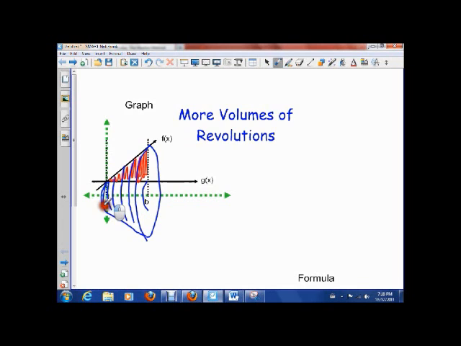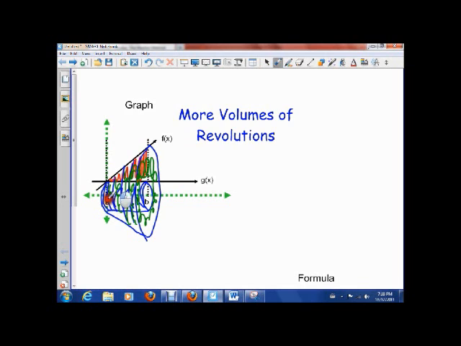Okay, so I rotate g as well, and what we get is it creates this cylinder in the middle. Okay, so what actually happens is we want to find the volume of this kind of donut shaped three-dimensional object, right?